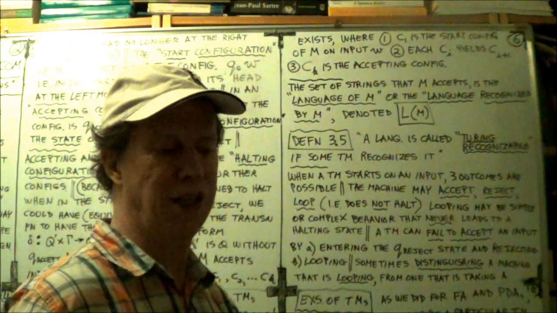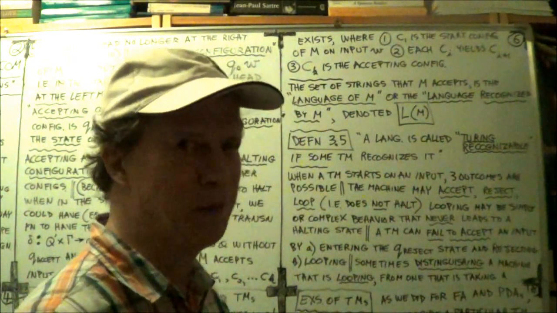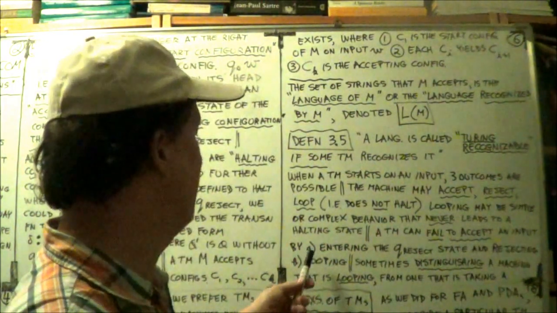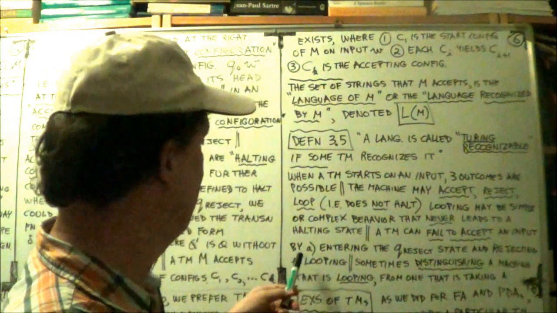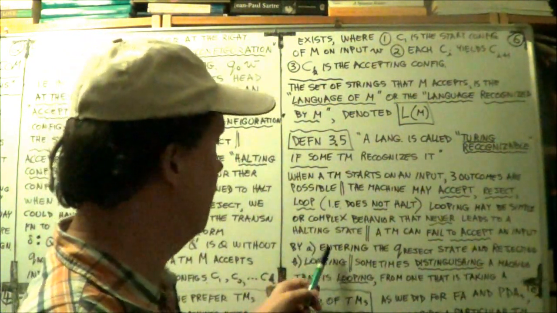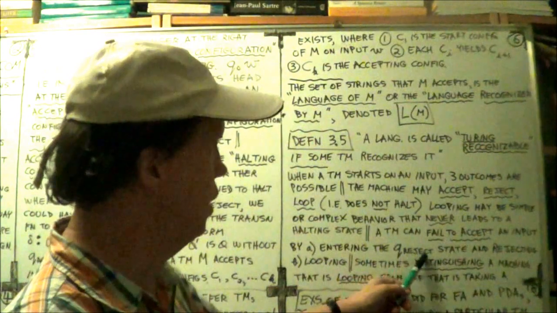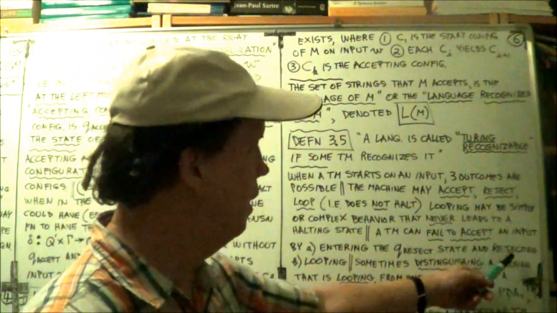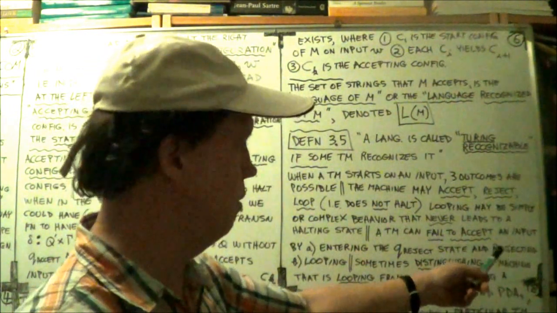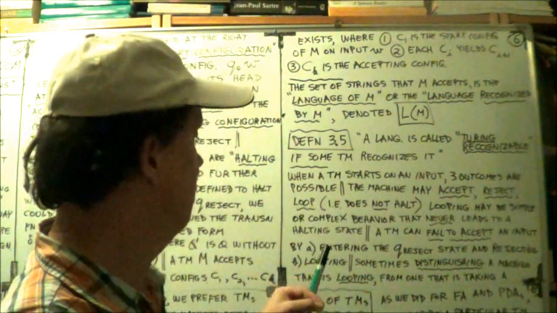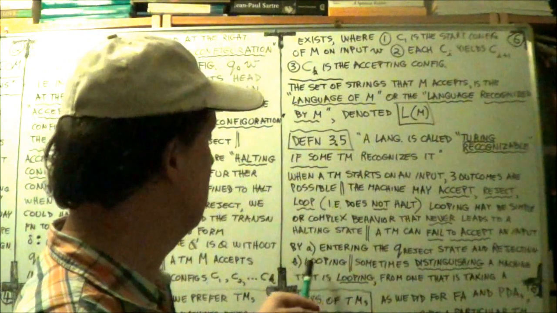Again, same problems, right? So failing to accept means the two possibilities: either it went into q reject, the state went to q reject and switched off, so it rejected the string, okay, or it looped.